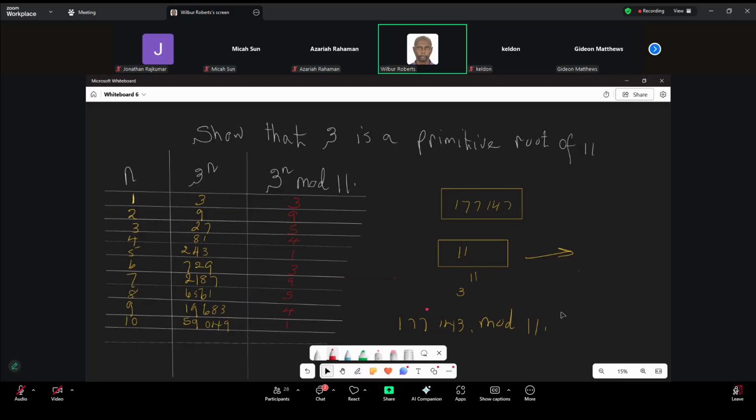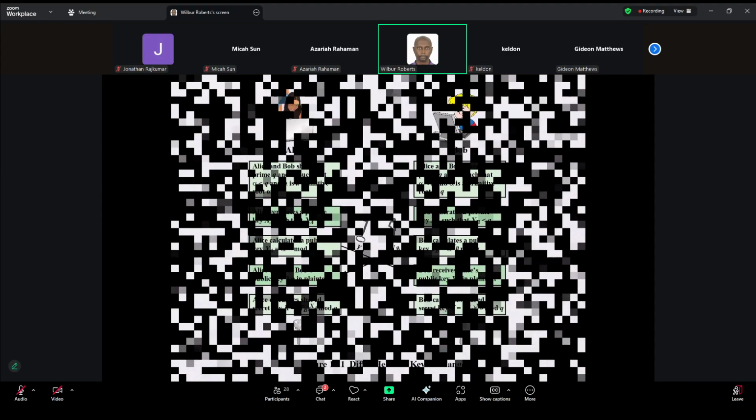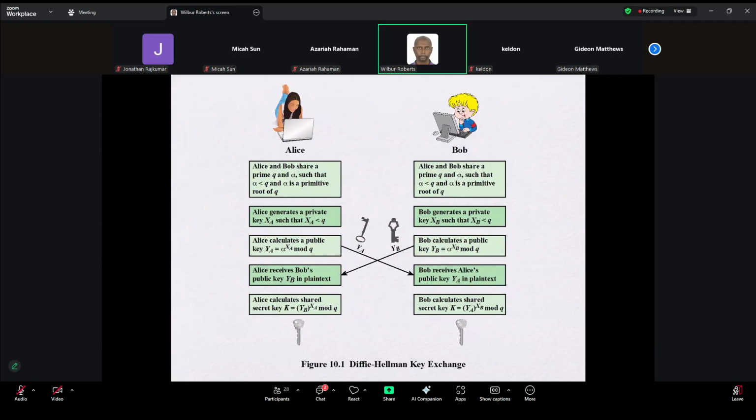So now let us go back to the slide. When we talk about a primitive root, we know what it is about now. Good? So both Alice and Bob share a prime Q and alpha, where alpha is less than Q, but alpha is a primitive root of Q, right?